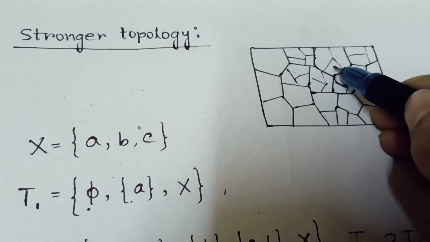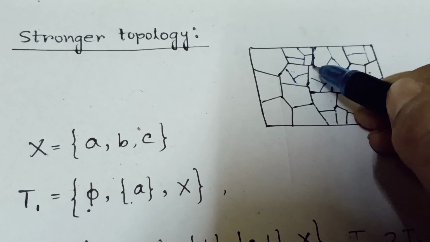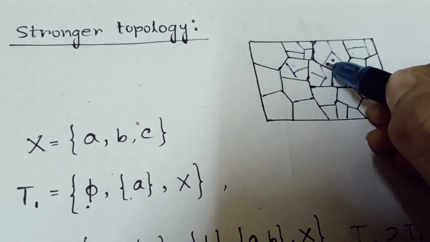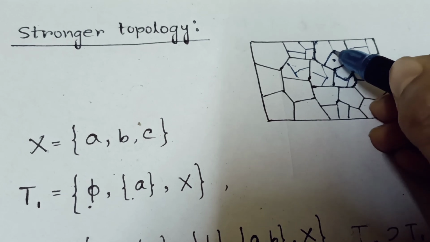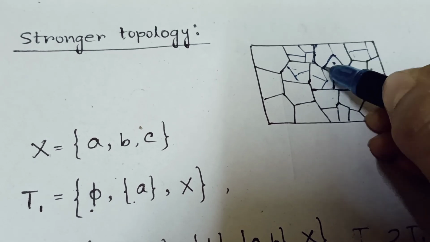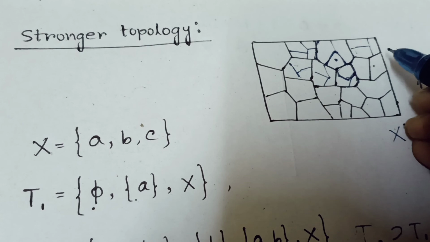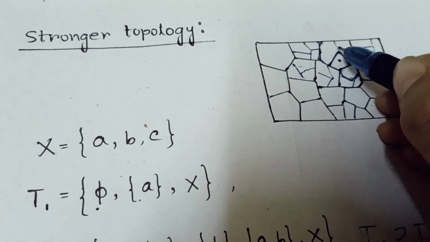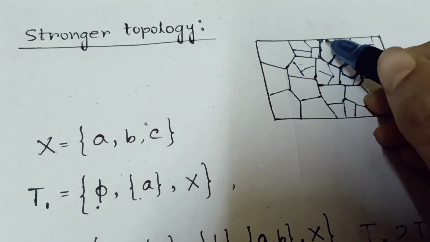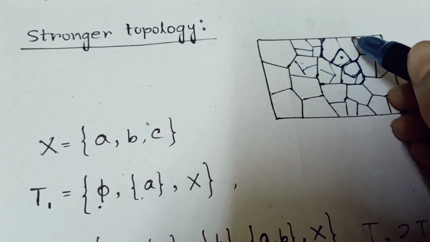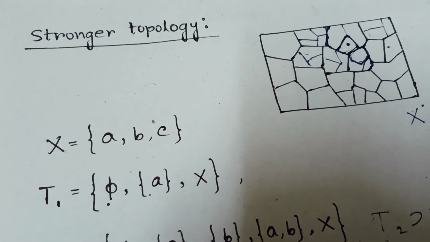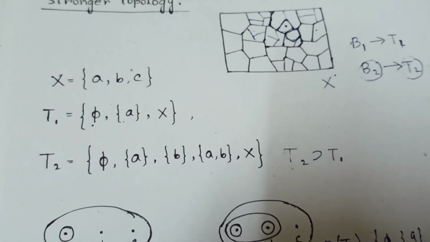This is a set in B1 where this point lies, but there always exists a subset, this one, in B2, such that this subset contains this point, as well as this subset itself is contained in this bigger set. So this implies that B2 is stronger than B1.